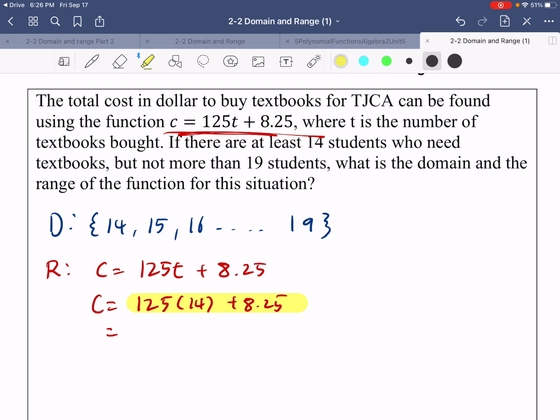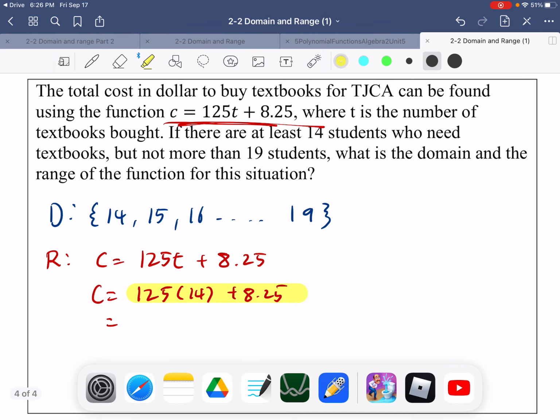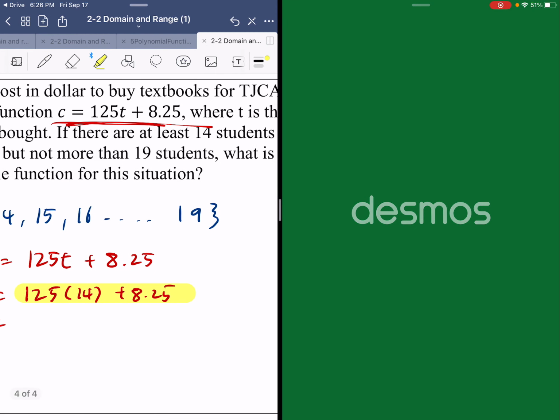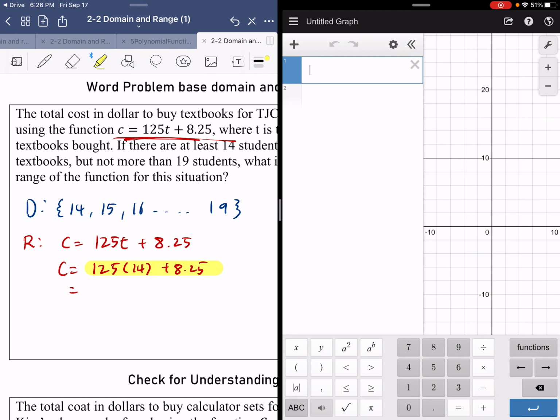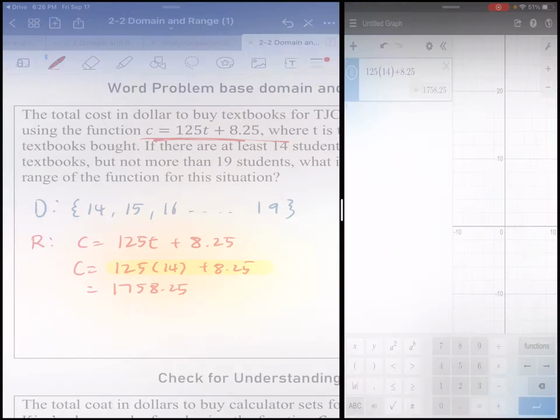So let's put this one into the calculator. I'm gonna use Desmos. So it's gonna be 125 times 14 plus 8.25, right? Yep, if I plug in 14, I get this one.